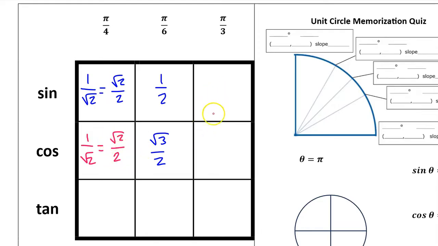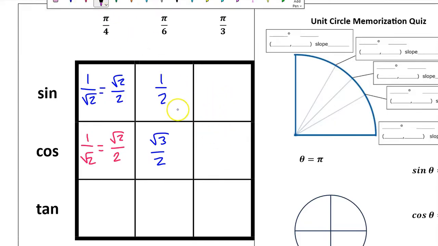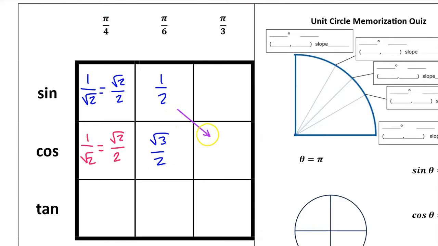The reason why you don't have to memorize these values separately is because these values just sort of crisscross like this. So if you know that the sine of pi over 6 is 1/2, then the cosine of pi over 3 will be 1/2. If you know the cosine of pi over 6 is radical 3 over 2, guess what? The sine of pi over 3 is radical 3 over 2.